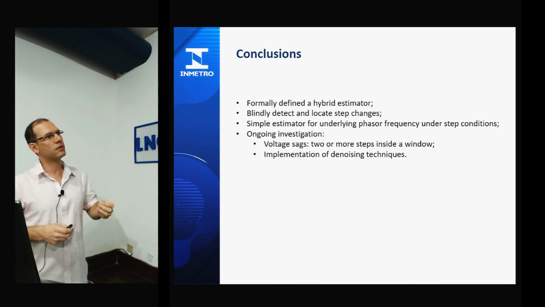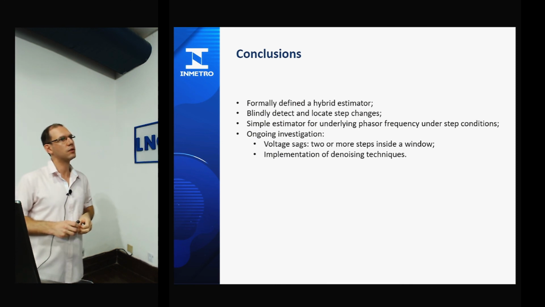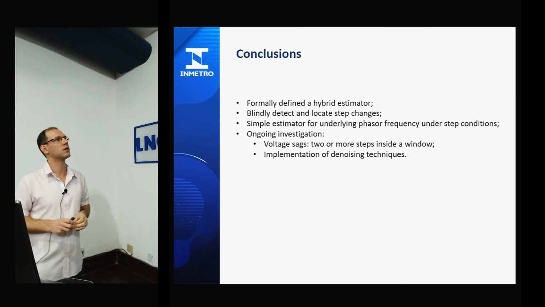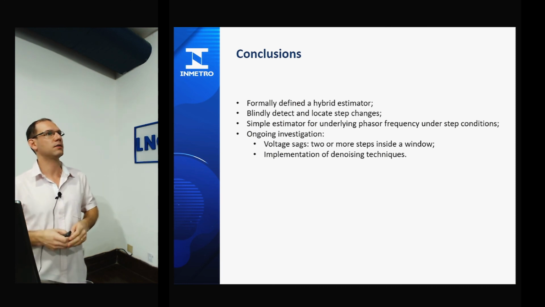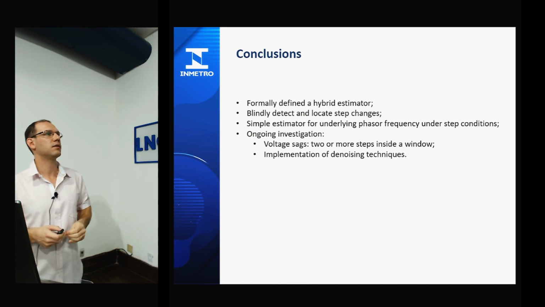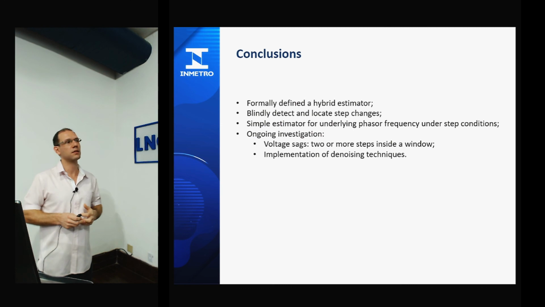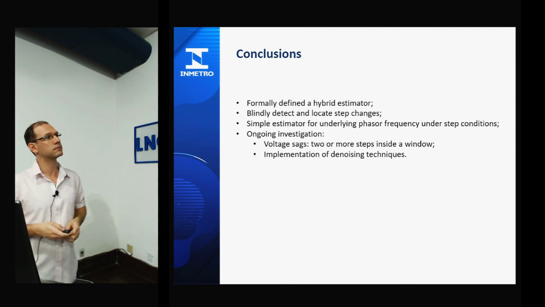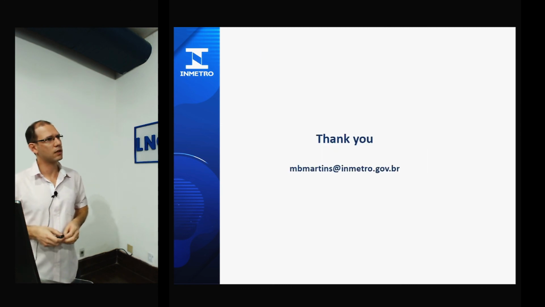We have a simple estimator for the underlying phasor frequency under step conditions. And now we are developing our investigation to, in the future, simulate voltage sags with 2 or more steps inside the window and implement denoising techniques. Thank you.